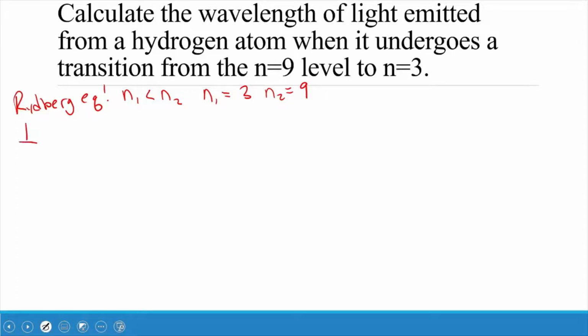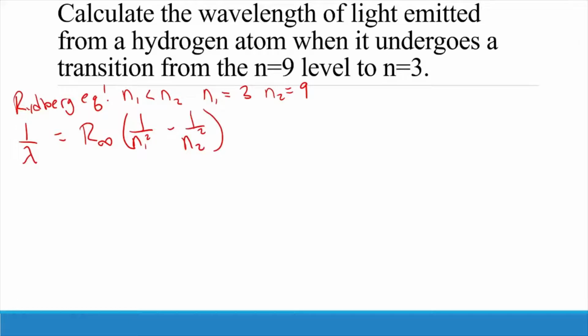The Rydberg equation is 1 over lambda is equal to the Rydberg constant times 1 over n1 squared minus 1 over n2 squared. So we're going to go ahead and just solve for 1 over lambda, and then we'll fix it at the end. So plugging in what we know, the Rydberg constant is 1.097 times 10 to the 7th inverse meters times 1 over 3 squared minus 1 over 9 squared.